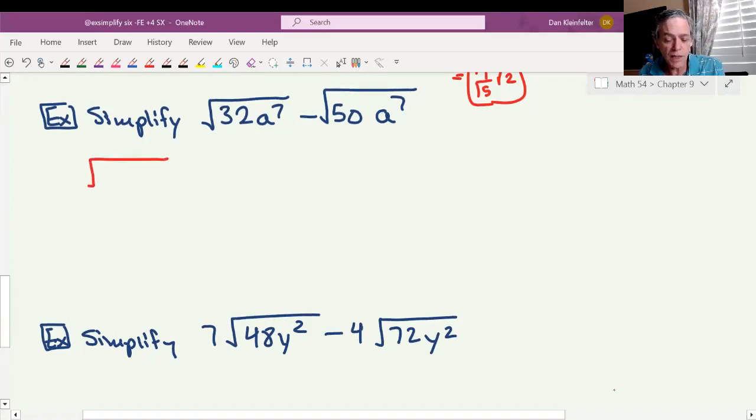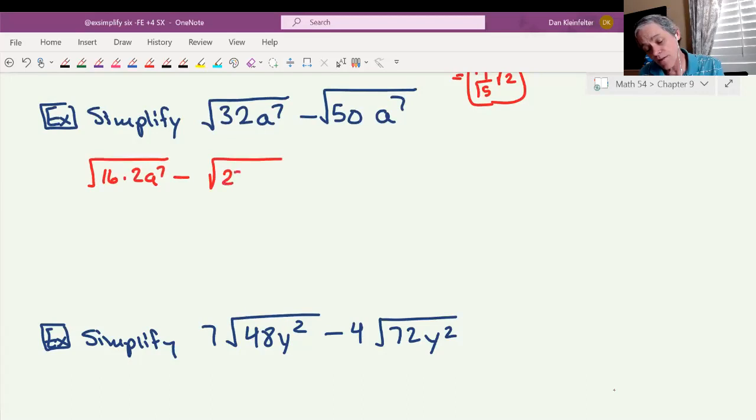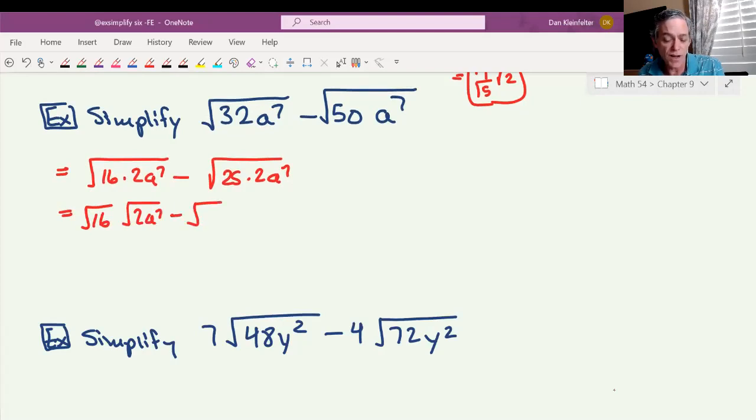So 32 is 16 times 2. And then 50 will be 25 times 2. Okay, now product property of radicals. This will be the square root of 16 times the square root of 2a to the 7th. And then we'll have the square root of 25, square root of 2a to the 7th.